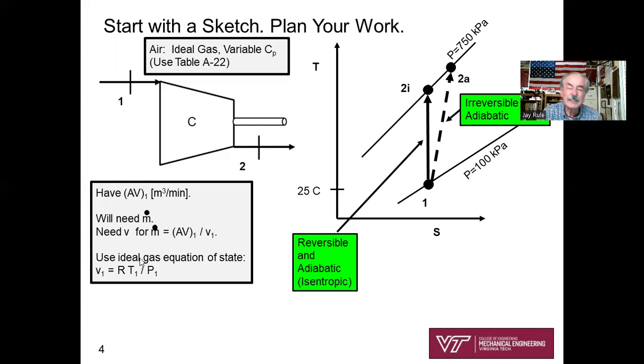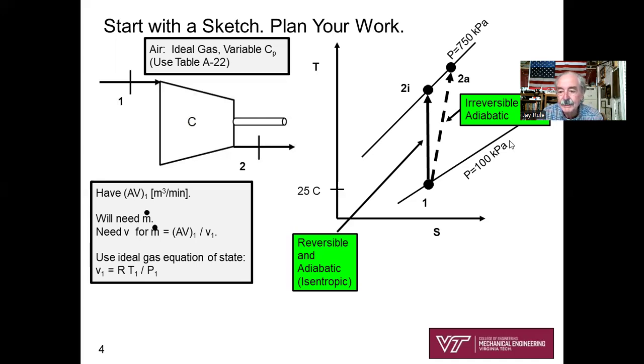Specific volume, we have an ideal gas, so we immediately remember the ideal gas equation of state: v1 is R T1 over P1, as long as we've got R, T in absolute temperature, and pressure in kPa. That's going to give us specific volume in cubic meters per kilogram. Okay, so we've got m dot.